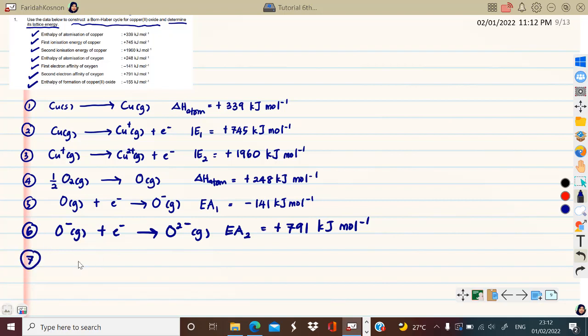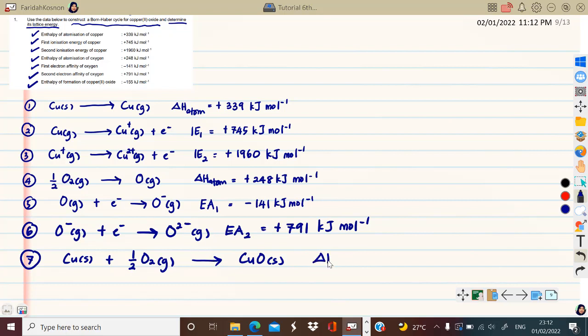Copper(II) oxide is formed from its elements, copper solid plus oxygen molecule gas, forming 1 mole of copper oxide, CuO solid. Since copper oxide solid must be 1 mole, we have to balance the equation, so the stoichiometric coefficient here is a half.